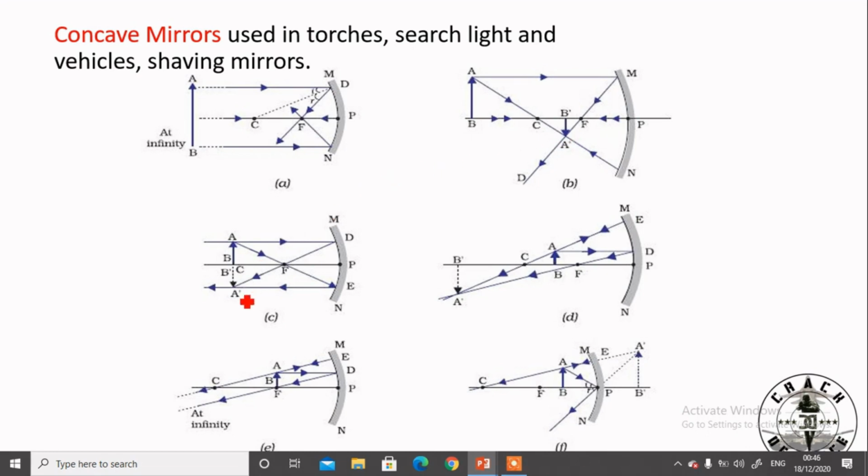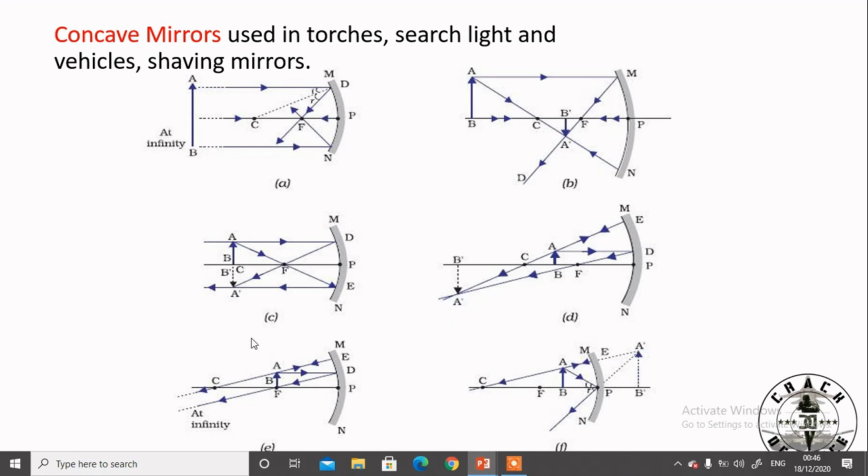Third case: the object is placed at the center of curvature of the mirror and the image formed will be again at the same point C, real and inverted. Fourth case: the object is somewhere between C and F, but the image formed would be beyond C, real and inverted.